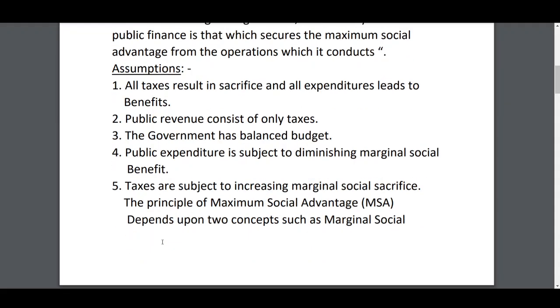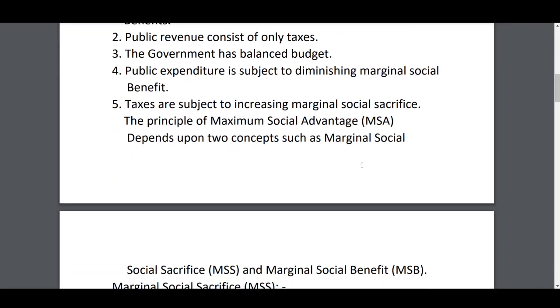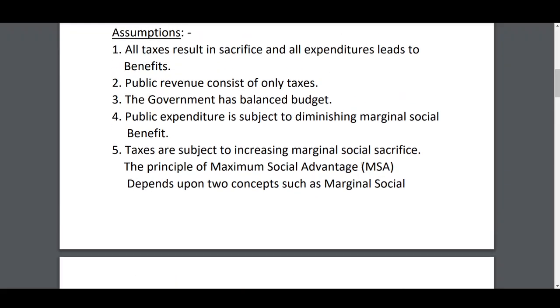The fifth assumption: taxes are subject to increasing marginal social sacrifice. So these are the five assumptions of Dalton's principle of maximum social advantage, which is the fundamental principle of public finance.